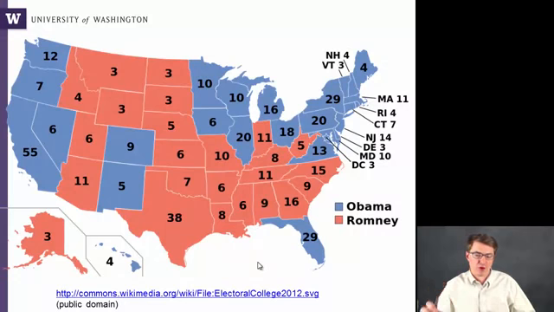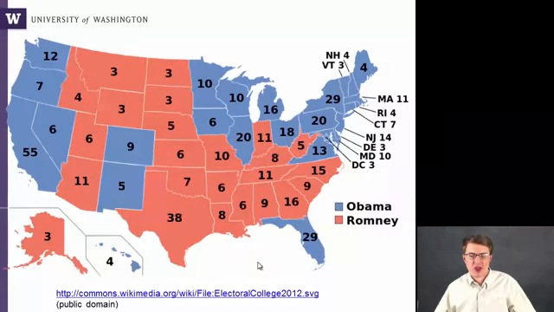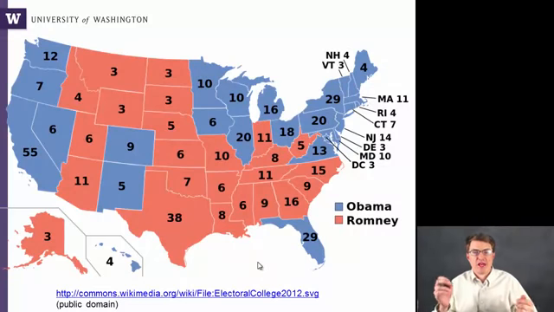If you recall, what was interesting about this map at the time was that it led to a pretty significant discussion in the media about data science, because Nate Silver of the 538 blog was able to predict this map perfectly before the election.